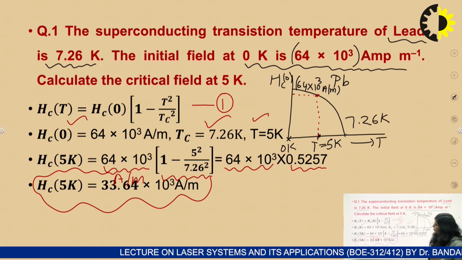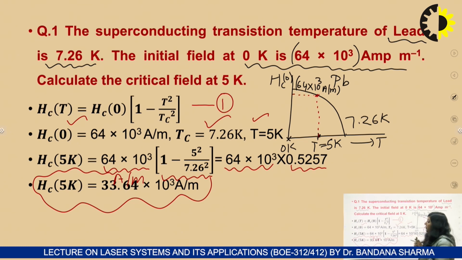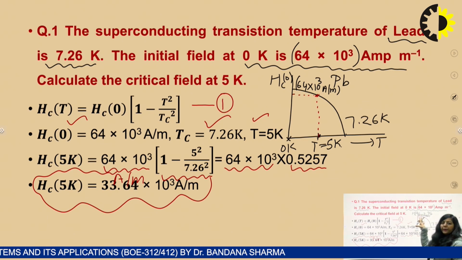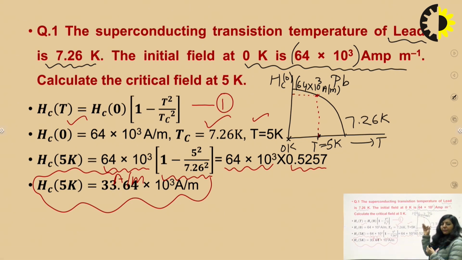Now, there is one point you need to observe carefully: the critical field at 0 Kelvin has the maximum value, 64 into 10 raised to power 3 ampere per meter. As you can see from this graph, with the increase in temperature, the critical magnetic field will decrease.